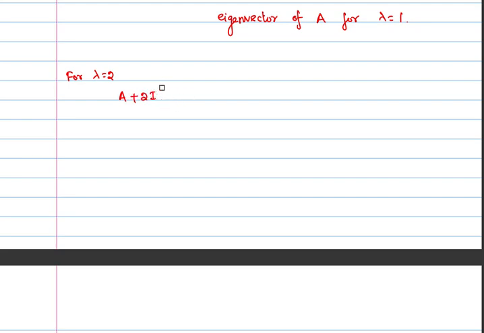This is our matrix. So we add it, and we will get the values 3, 3, 3, minus 3, minus 3, minus 3, 3, 3, 3. This is the A plus 2I matrix.